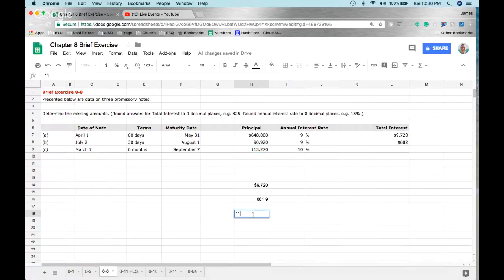113,270 times 0.1, which is 10% up above here for the annual interest rate. And then we've got to times that by the fraction of how many days. So 6 months is six months out of 12 months, divided by 12.